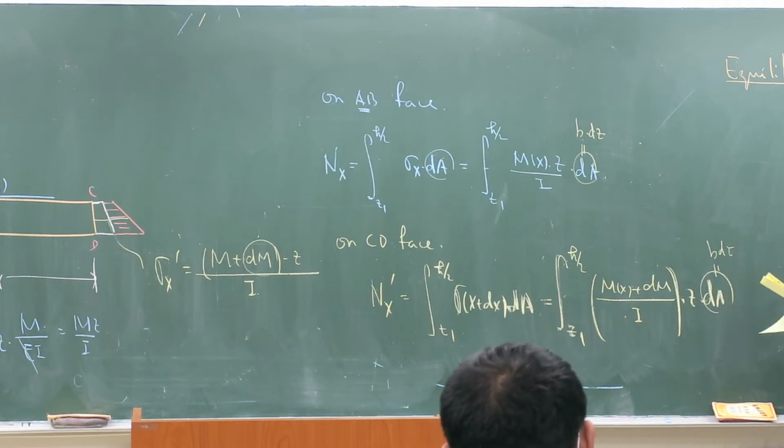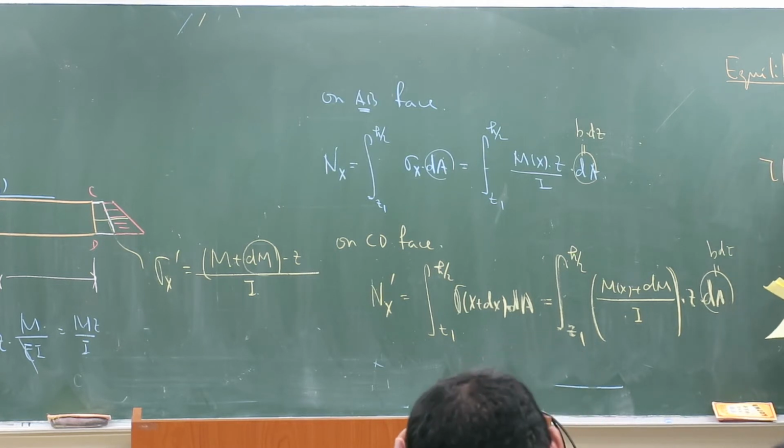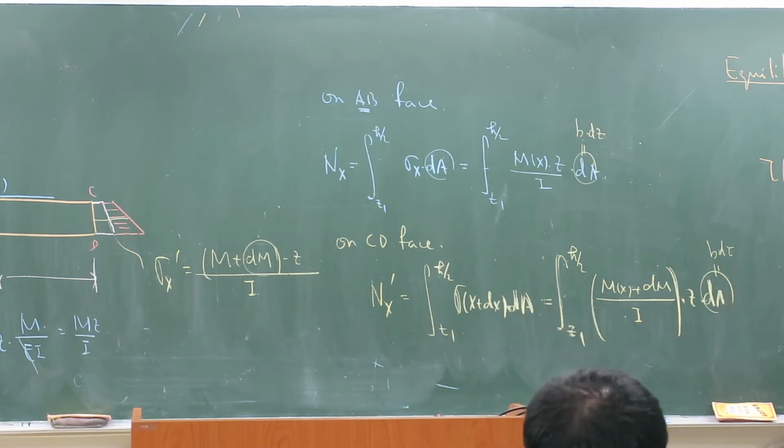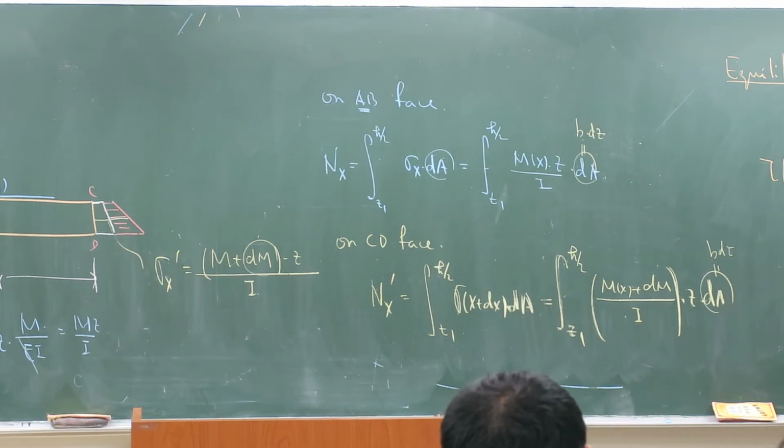That will be tau at z1 times b, the width, times dx, this area, equal to Nx prime minus Nx. That will be equal to the integral from z1 to half h of dM z over I b dz, the dA.